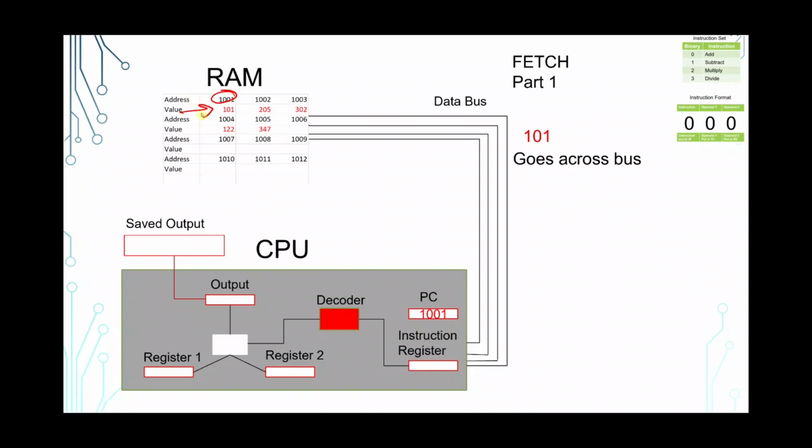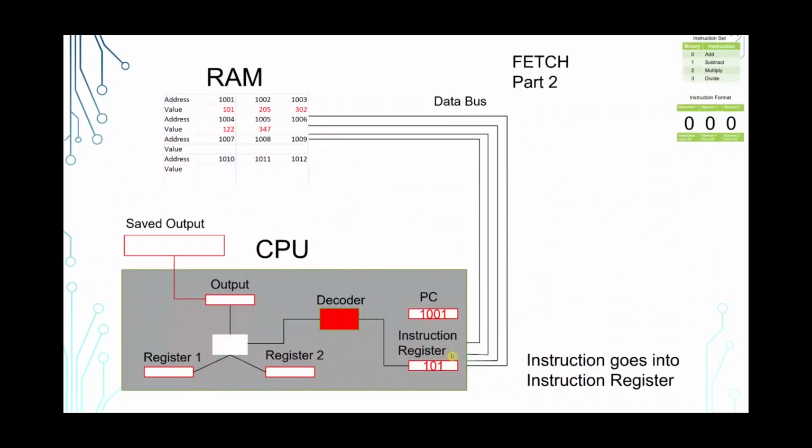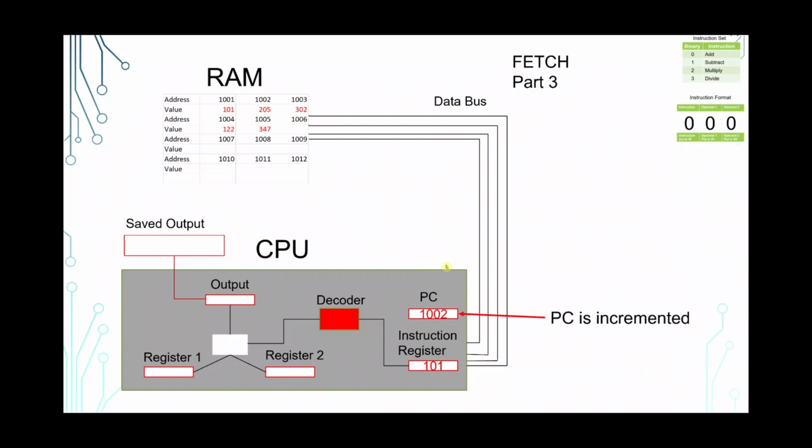We are going to put that into the instruction register. Then we are going to immediately update the program counter and increment it by 1. So we incremented the program counter.